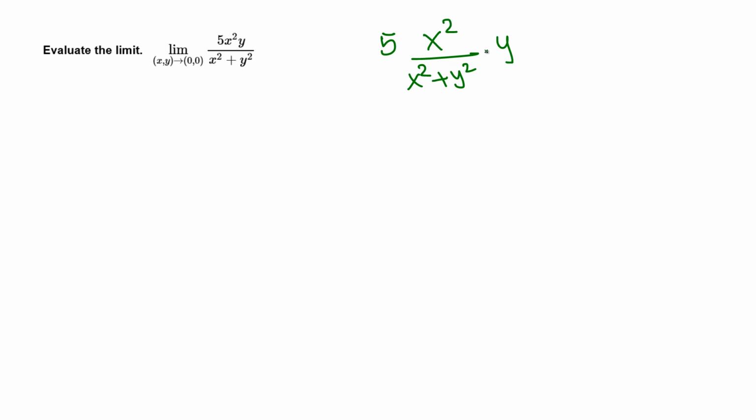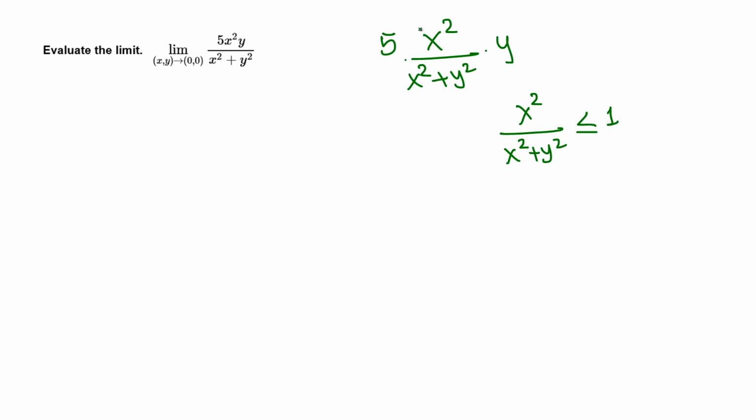The only problem here is y. And at the same time, we know that x squared over x squared plus y squared is less than or equal to 1, because the bottom is bigger. It's just y squared more, so it will be less than or equal to 1.